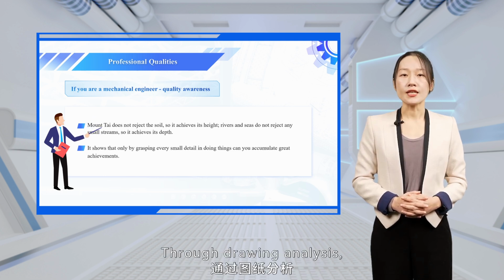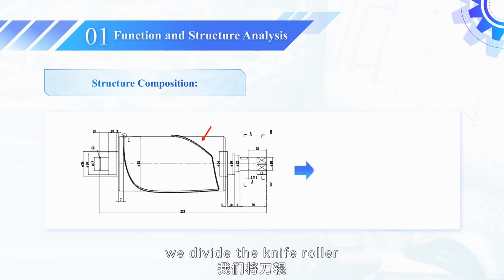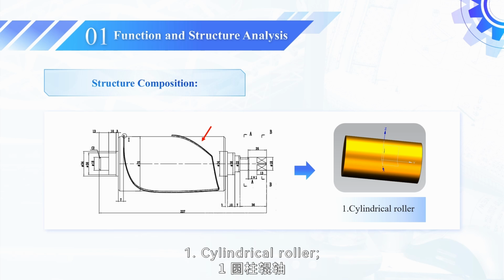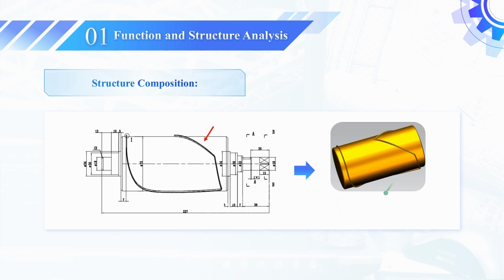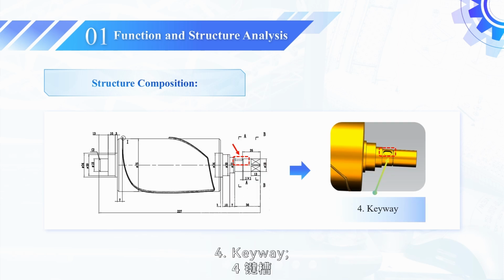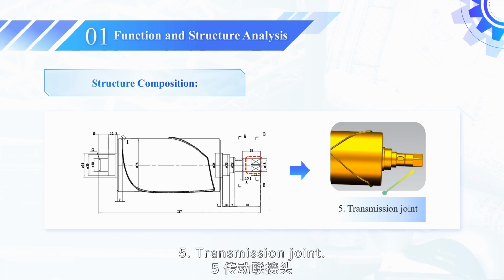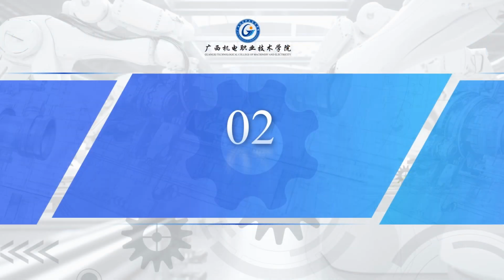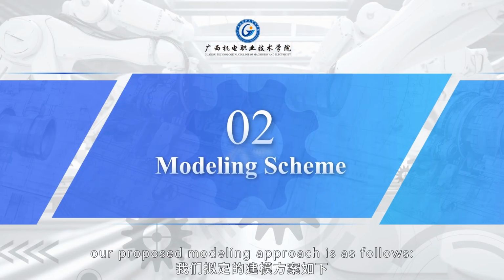Through drawing analysis, we divide the knife roller into the following parts. 1. Cylindrical roller. 2. Blade teeth. 3. Drive shaft. 4. Keyway. 5. Transmission joint. For each component, our proposed modeling approach is as follows.